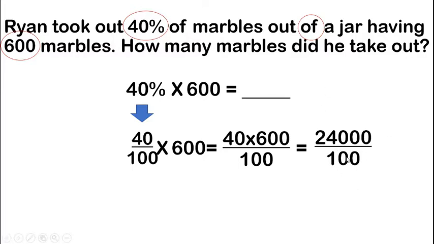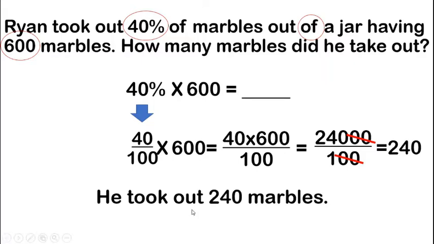We'll cancel them and also cancel 2 zeros at our denominator. So the remaining is 240 divided by 1, which is equal to 240. So it means that he took out 240 marbles in the jar.